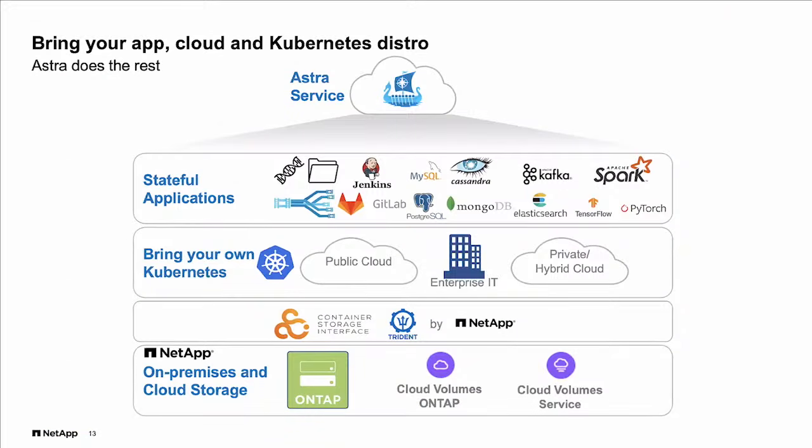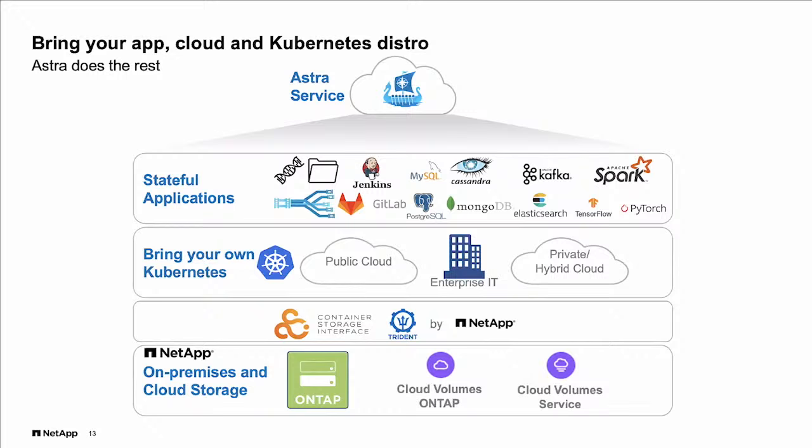So this is the classic layer cake, to understand where Astra fits in. We're basically asking our customers, bring your app, bring your cloud, and bring your Kubernetes distro. And Astra with Trident and the NetApp storage portfolio will do the rest. So we are not competing with any Kubernetes distro out there.